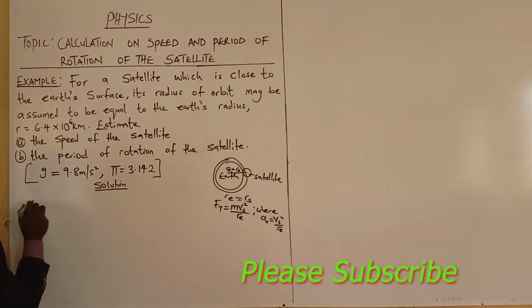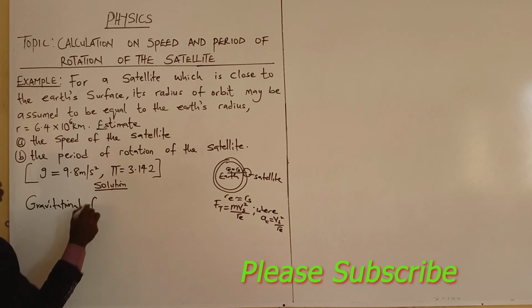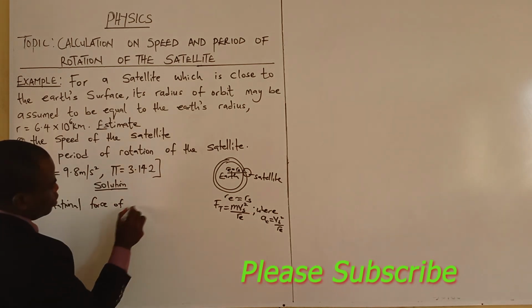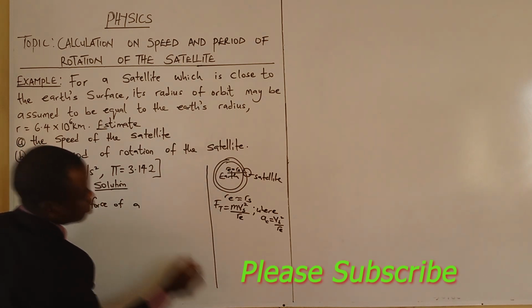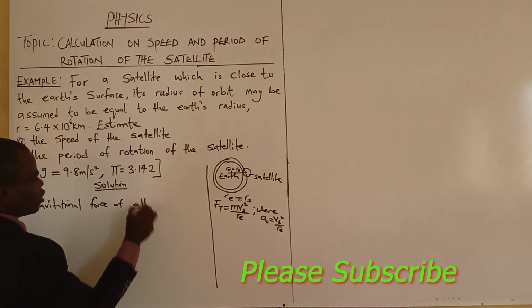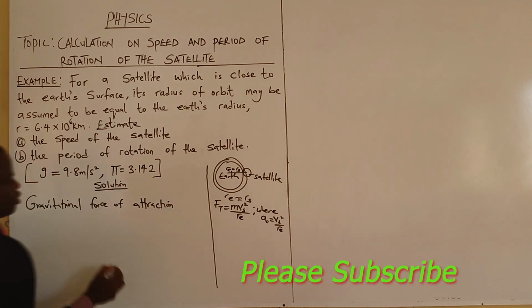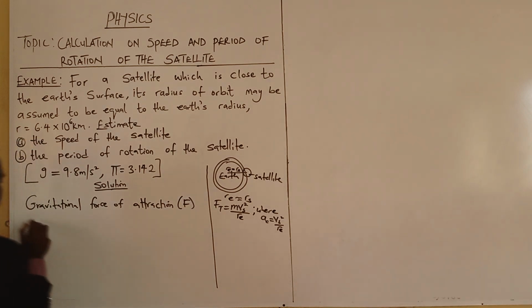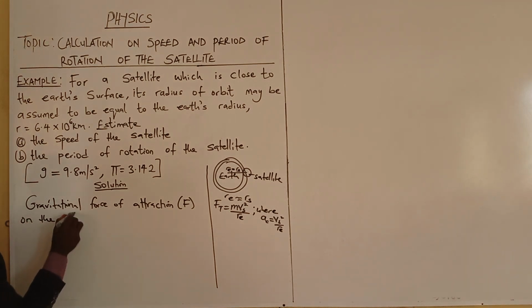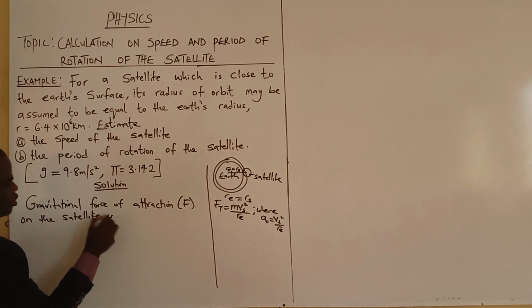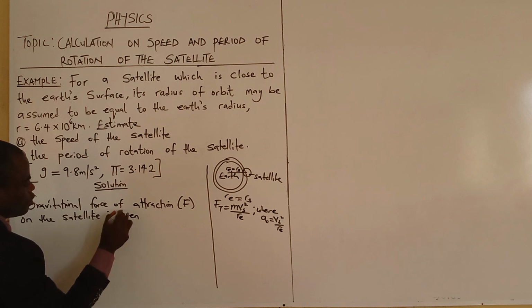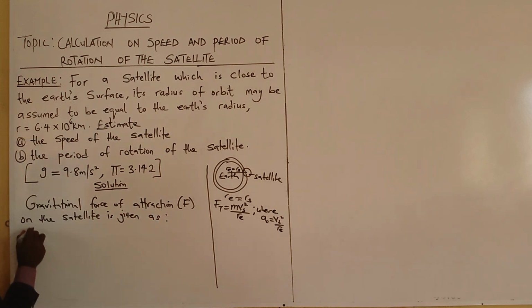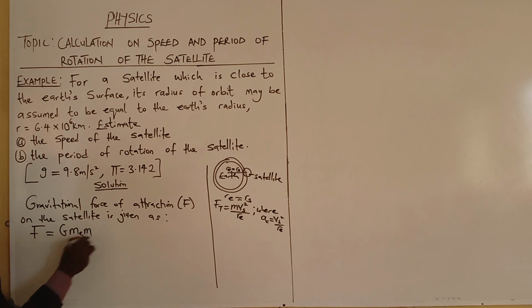And the gravitational force of attraction F on the satellite is giving us F equals G ME m over RE squared.